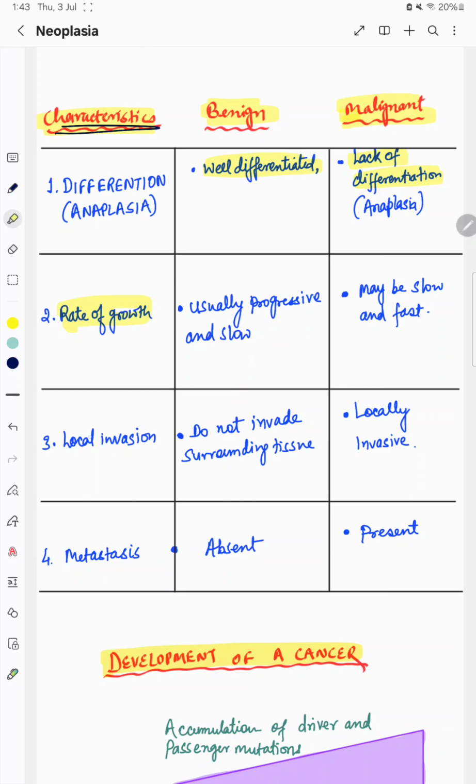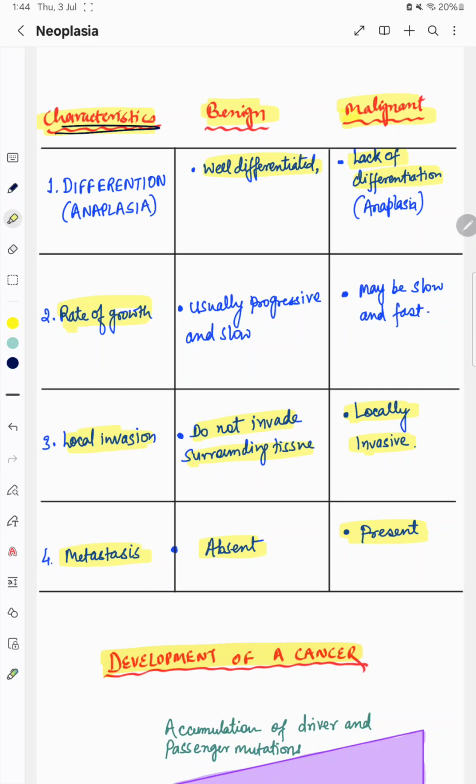Local invasion: benign tumors do not invade the surrounding tissue. Malignant tumors are locally invasive. Metastasis is absent in benign tumors and it is present in malignant tumors.